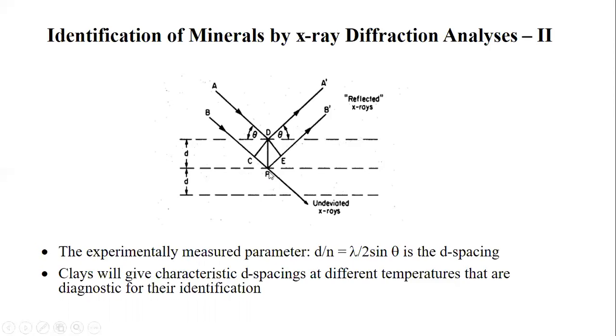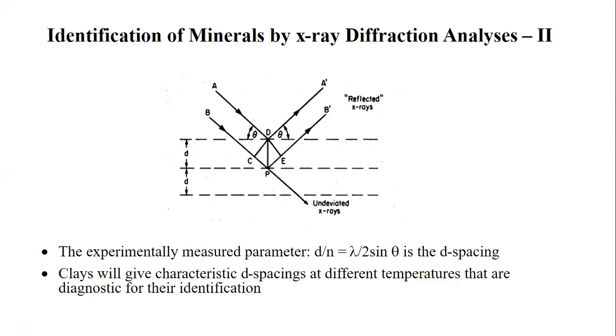Why is that? So that this d will include any space between them. Remember, we have the 1-to-1, where there is no space between them. We have the 2-to-1 expanding variable, where that space is expanding. So it depends on what type of clay and what condition it is.